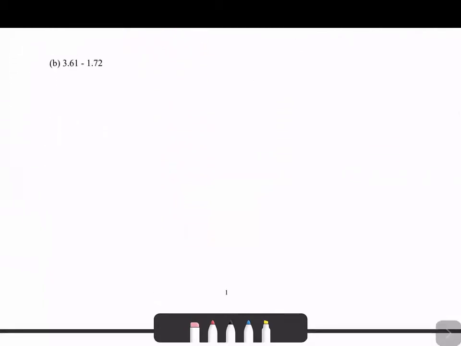Similarly, I'm going to do the same thing we had before, where the hundredths place is going to be represented by units, the tenths place is going to be represented by longs, and the ones place is going to be represented by flats.